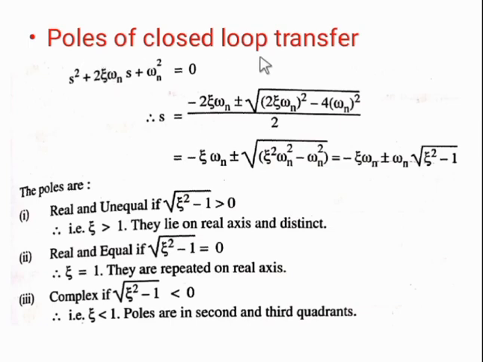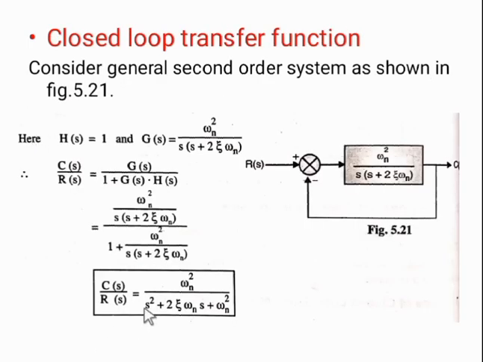So the poles of a closed loop transfer function. A pole is defined as the value of s that makes the denominator of C(s) equal to 0. So the denominator s square plus 2 zeta omega n s plus omega n square equal to 0.